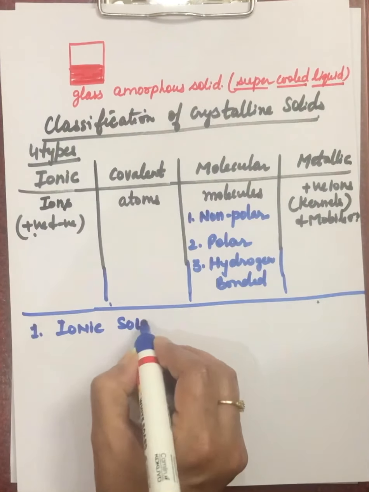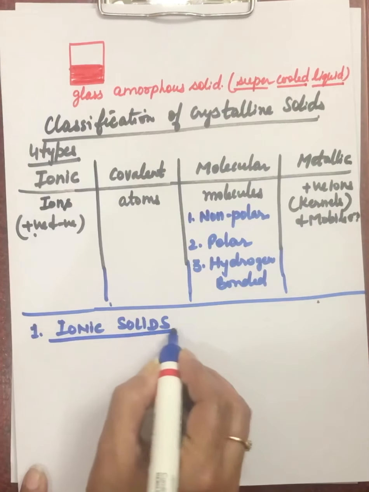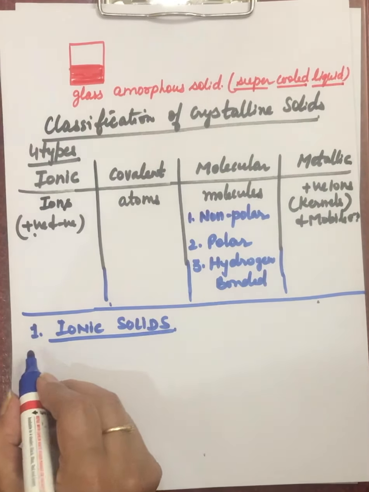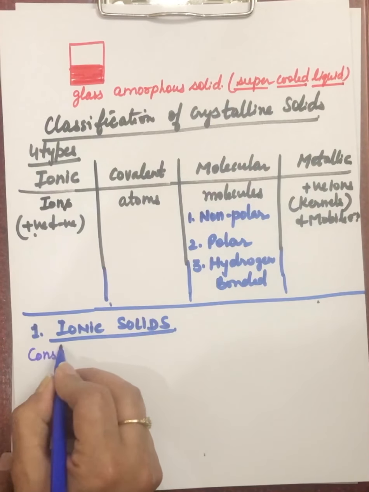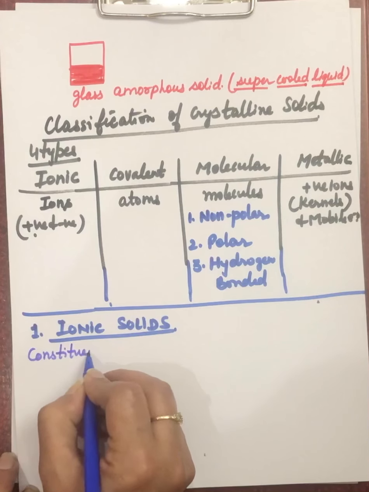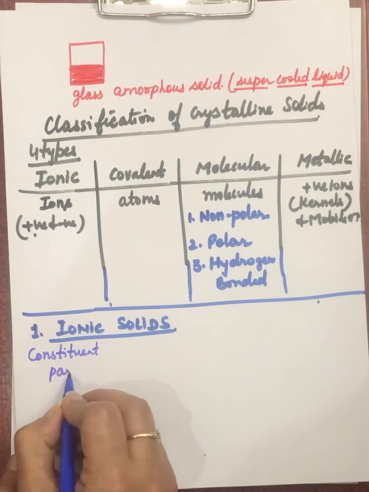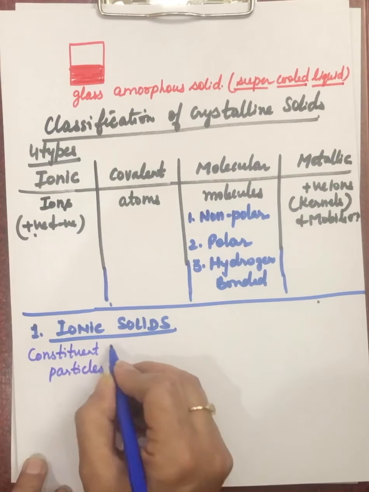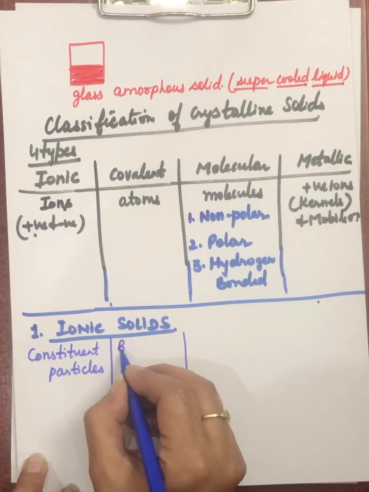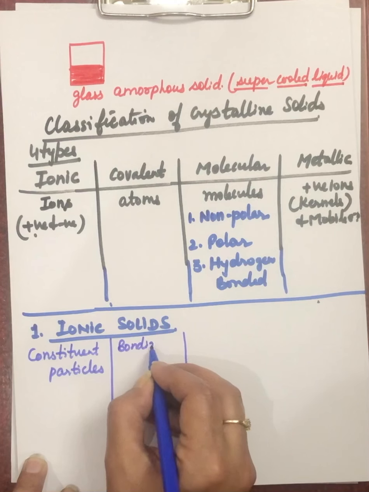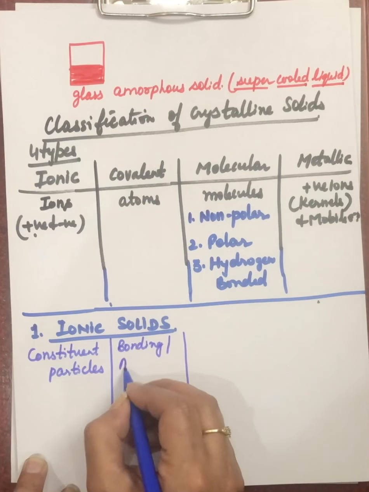In ionic solids, first we are taking their constituent particles. Then which kind of bonding or attractive forces are there in these solids?